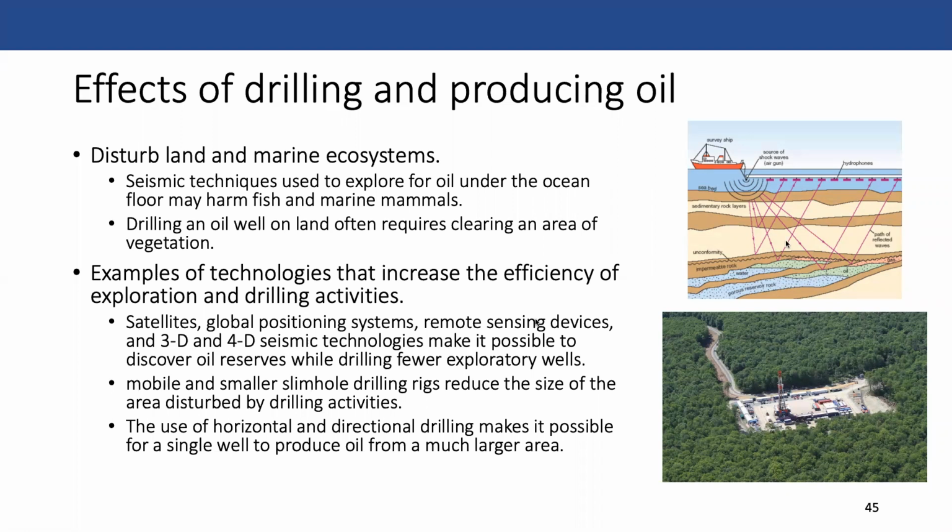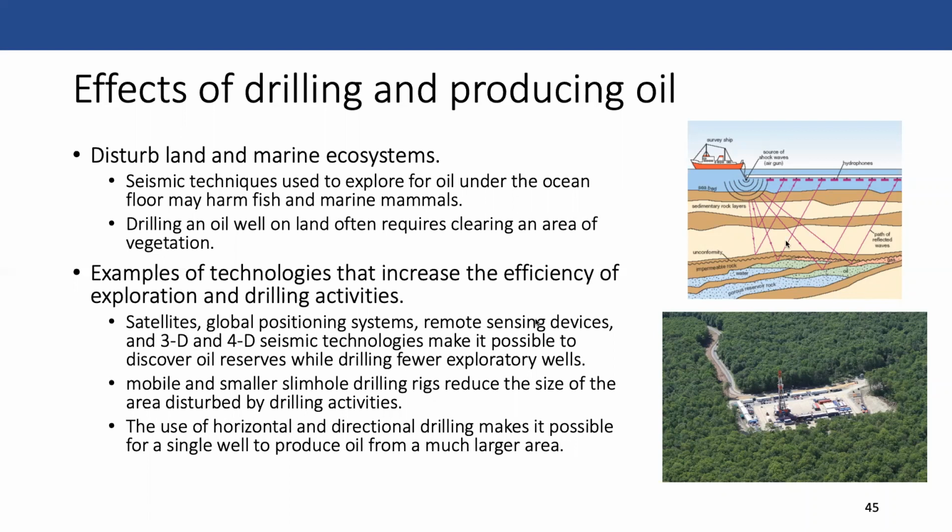For example, instead of using seismic techniques, you can use satellite systems and remote sensing to discover oil reserves without necessarily drilling what we call exploratory wells just to see if it's there. Mobile and smaller slim hole drilling rigs make the process a lot more confined, so that you need less area to do your drilling activities.